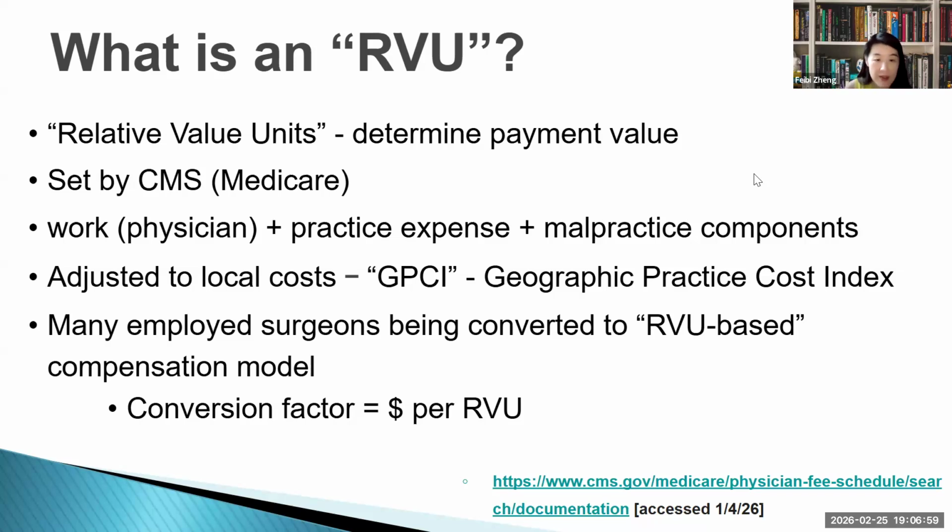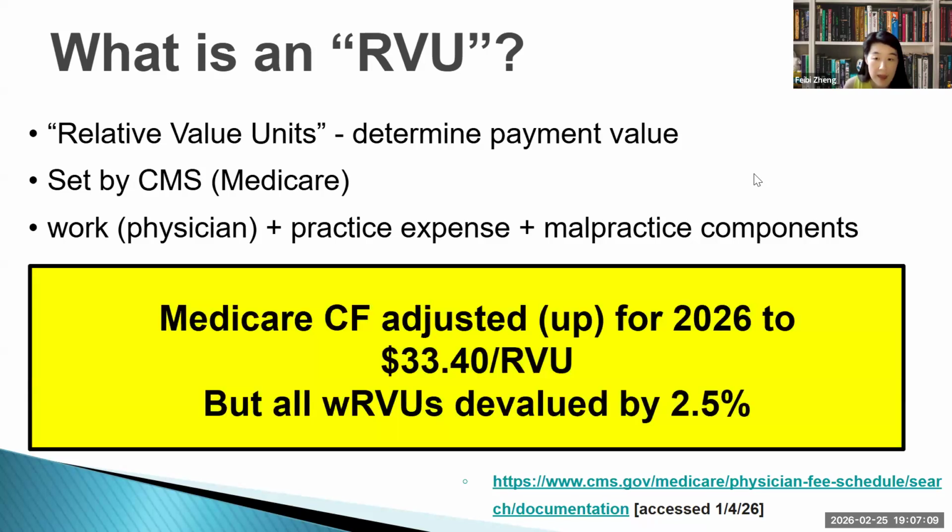The conversion factor is a number that is set each year by Medicare for how many dollars they will pay per RVU. So for 2026, it's $33.40. But unfortunately for us, all of the work RVUs are being devalued by 2.5% this year. And you will see a lot of emails from the American College of Surgeons saying, email your senators, email your congresspeople, because there is legislation that is being pushed through to put a halt to this 2.5% cut.